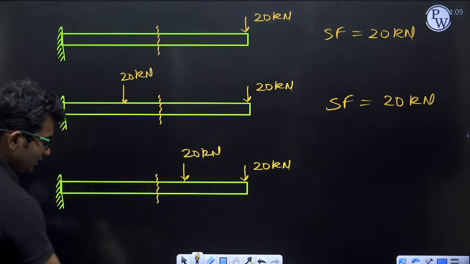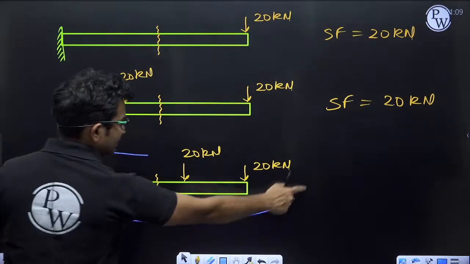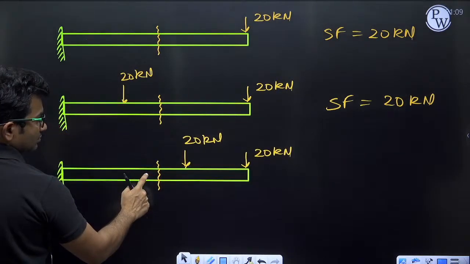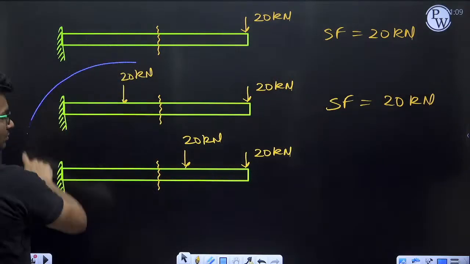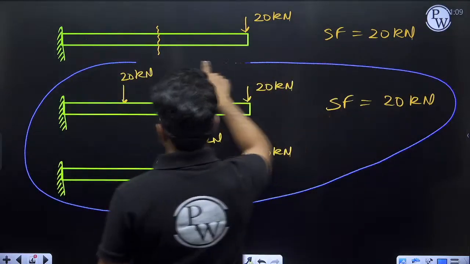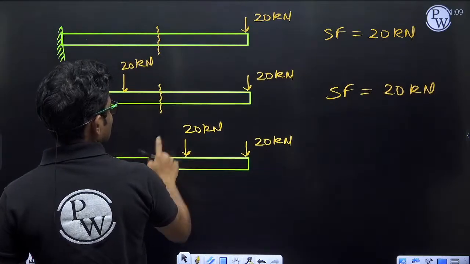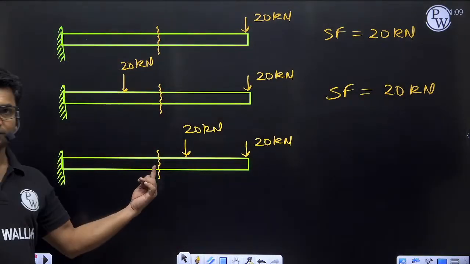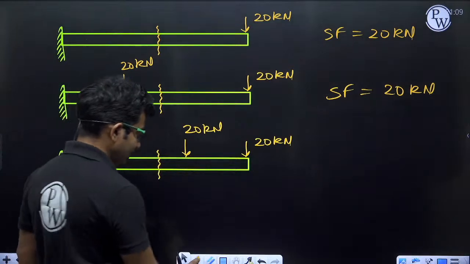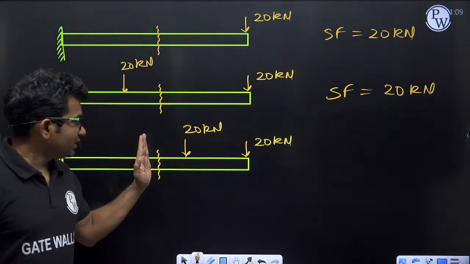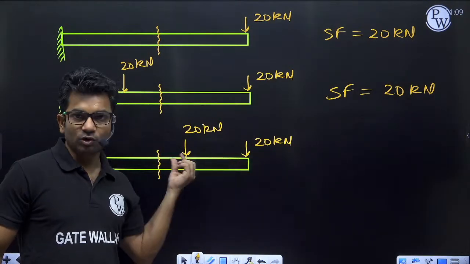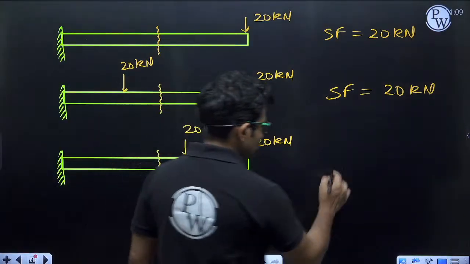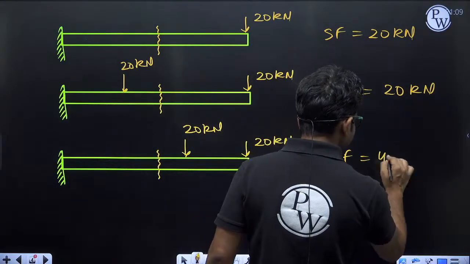Please tell. Yes, it will be 40 kilonewton, because towards the right of the section I will add all the transverse forces. So shear force in this case will be 40 kilonewton.